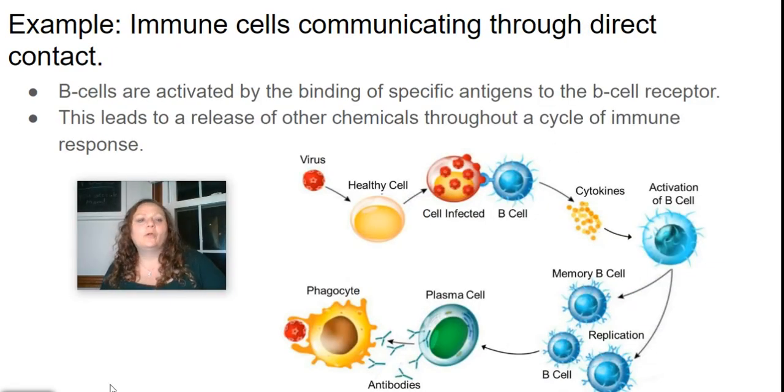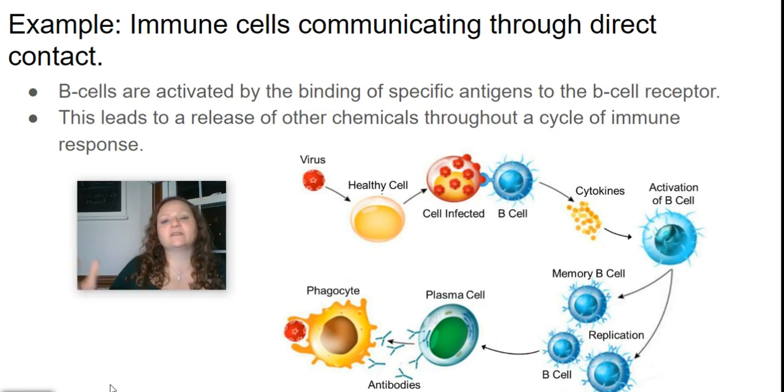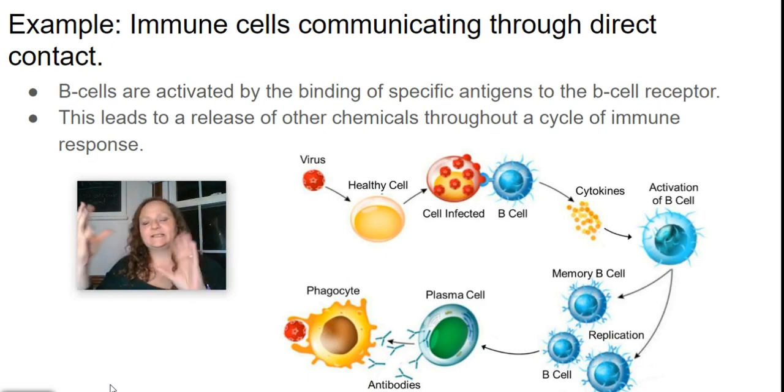An example of signaling through direct contact would be, for instance, immune cells communicating with each other. So, B cells get activated when they bind to specific antigens with the B cell receptor. So, a virus infects a healthy cell. That healthy cell now has virus capsid stuck to the outside of it.